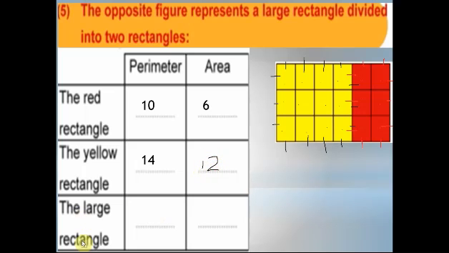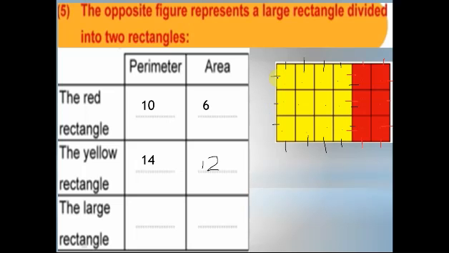What about the large rectangle? To get the perimeter for the large one, we will count the lines. So 1, 2, 3, up to 18.